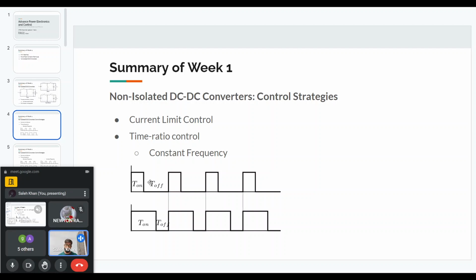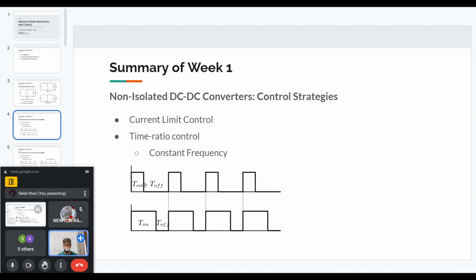If this switching frequency remains constant while I want to change the output voltage, then this kind of control is called constant frequency control. This is done by changing the duty ratio.